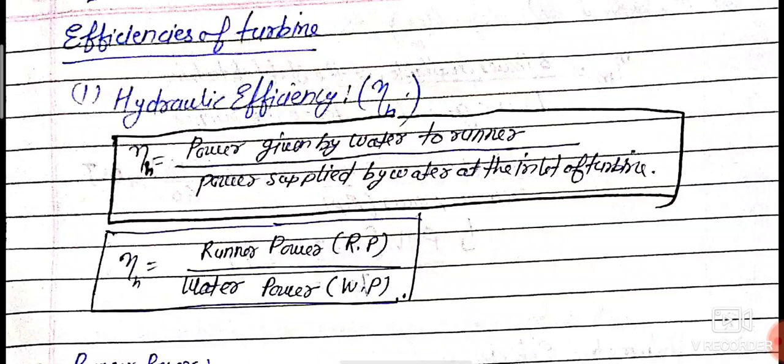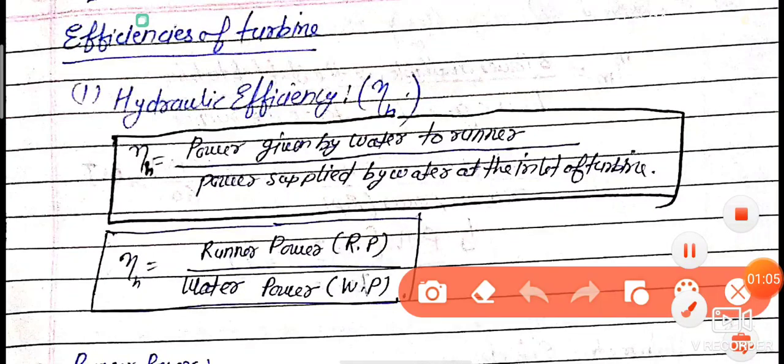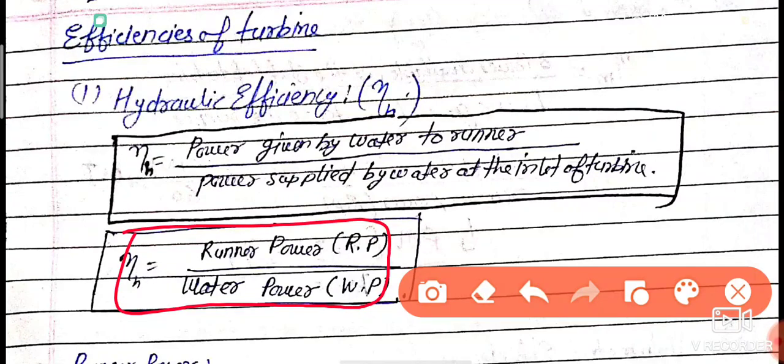Or it can be written as hydraulic efficiency is equal to runner power upon water power. Runner power means the power which is given to the runner, and water power is the power supplied by water at the inlet of turbine.